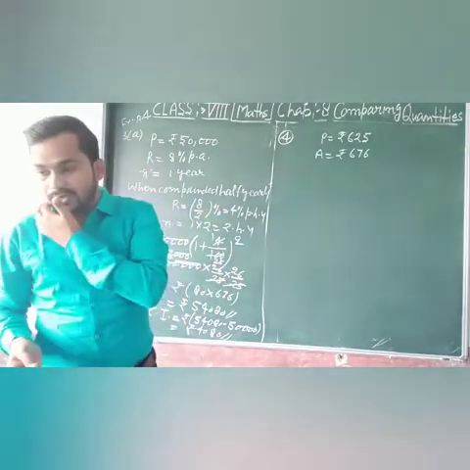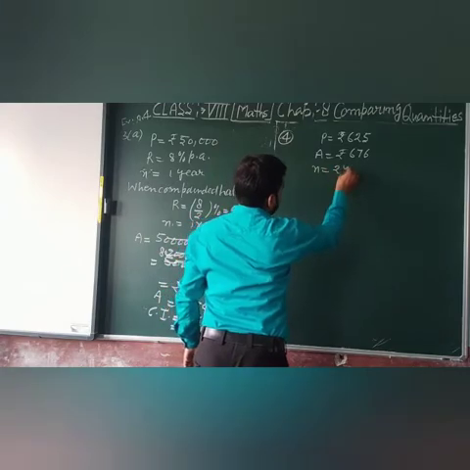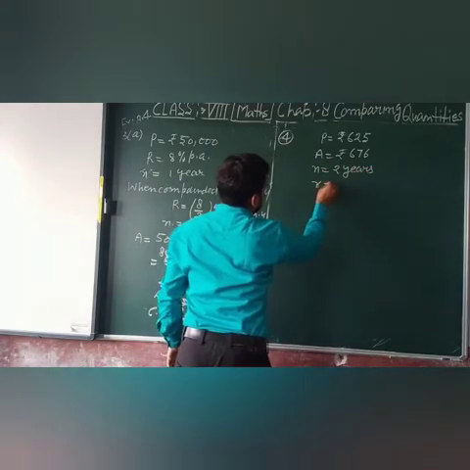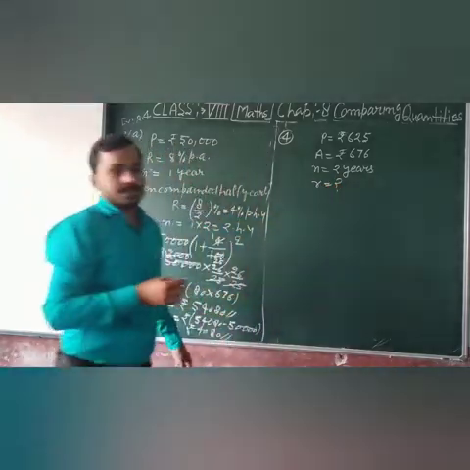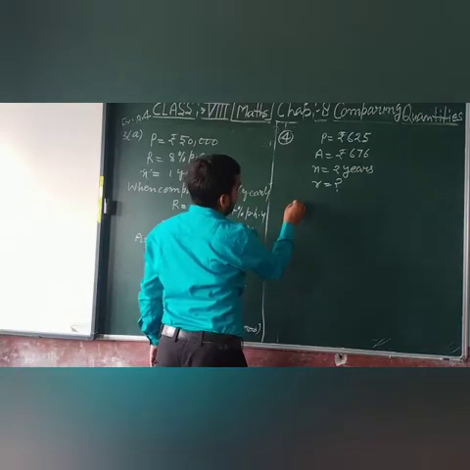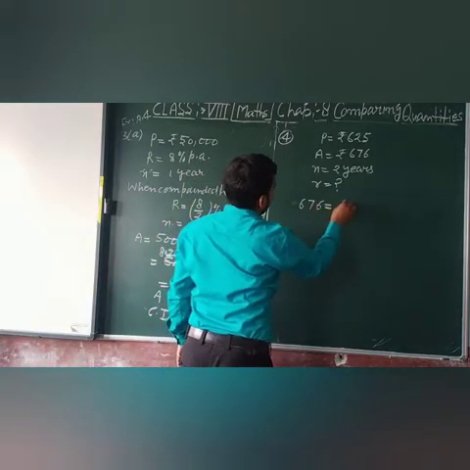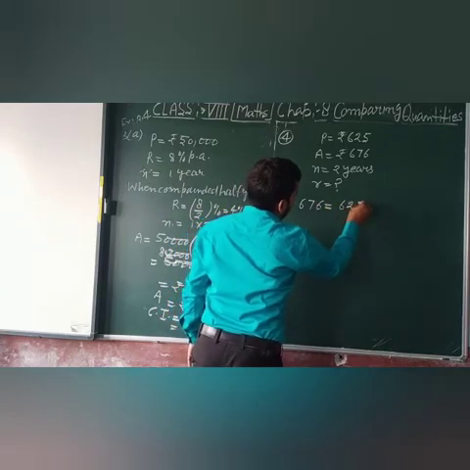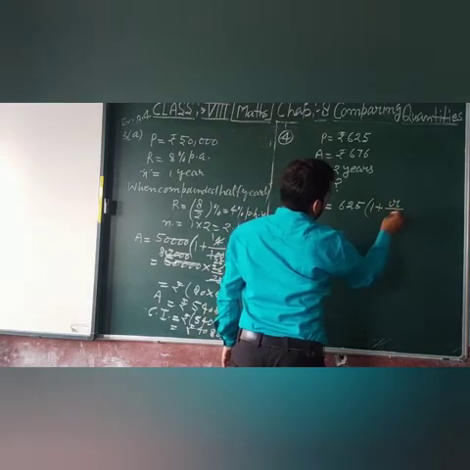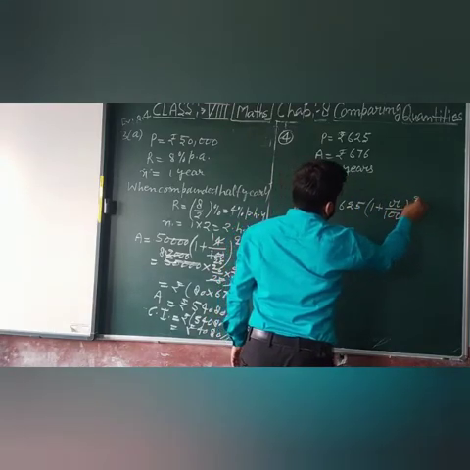The time is given 2 years. Find out the rate of interest. You have to find out. Apply the formula of amount. A equal to, A is given 676, P 625, 1 plus rate R upon 100 whole power n.